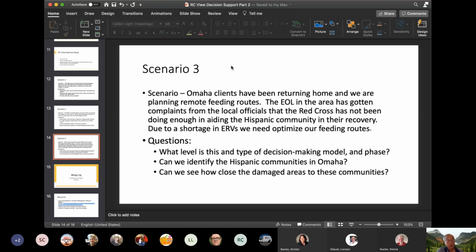Due to a shortage in ERS, we need to optimize our feeding routes. So keep that in mind. That's the scenario. But at the end of the day, we need to make sure that an underserved community is getting the same level of service that any other community is. And so we need to do perhaps some planning here.